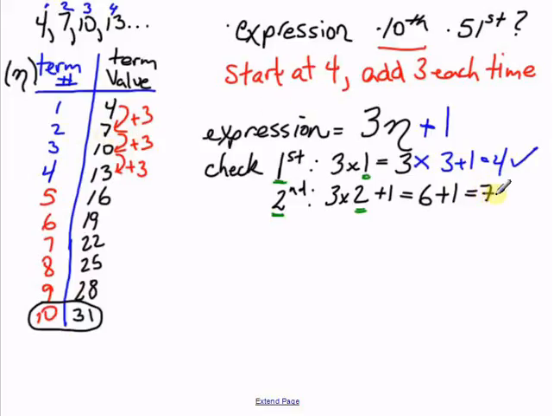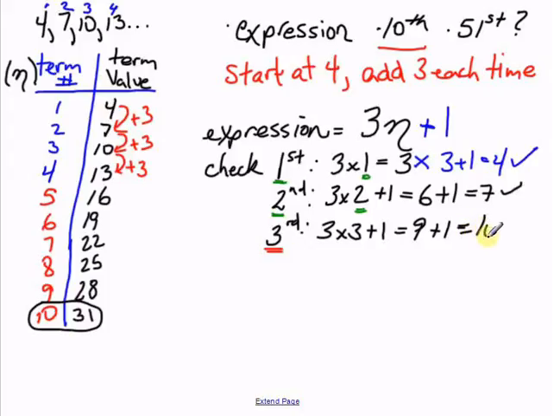Yep. Looks good. If I can check the first 3 numbers of the pattern and calculate them correctly, my expression's bang on. So this time, I'm going to use n is 3 because I'm looking for the third number of the pattern. 3 times 3 plus 1. 3 times 3 is 9, plus 1 more.